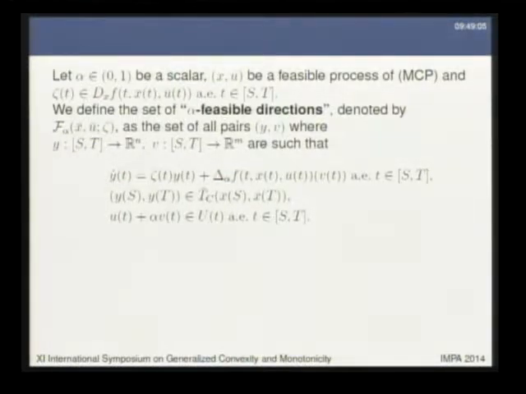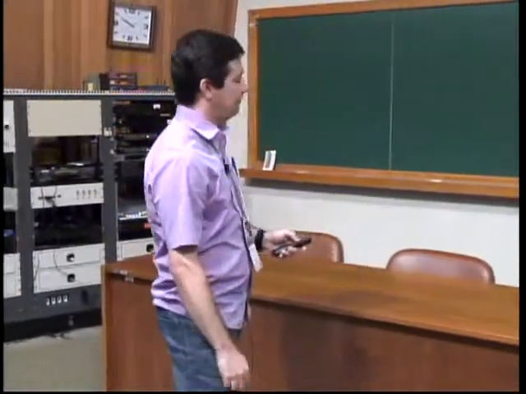So we have a kind of linearization of the dynamics of the problem. But see that we are using the generalized Jacobian of the vector field, and here delta alpha is a kind of variation on the control variable.